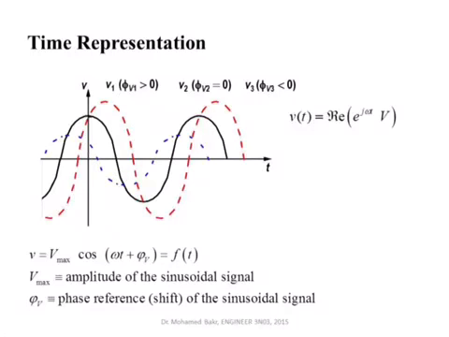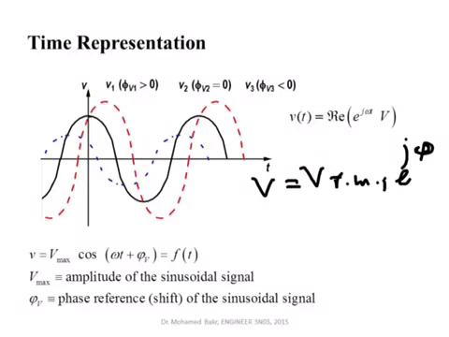So each one of them can be given by its phasor, and we can write it as Vrms e to the j phi. So this is really what we call the phasor of the quantity. It is simply the RMS value multiplied by e to the j phi. And remember, this RMS value is nothing but the maximum divided by square root of 2.